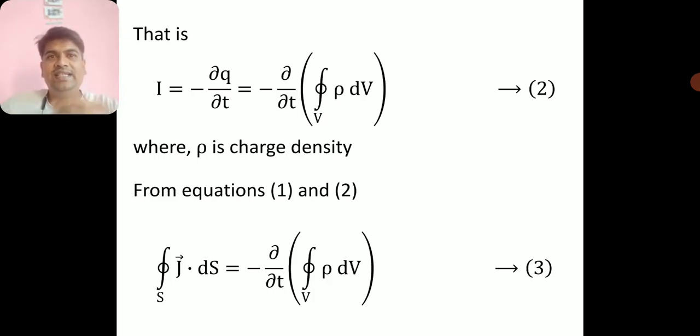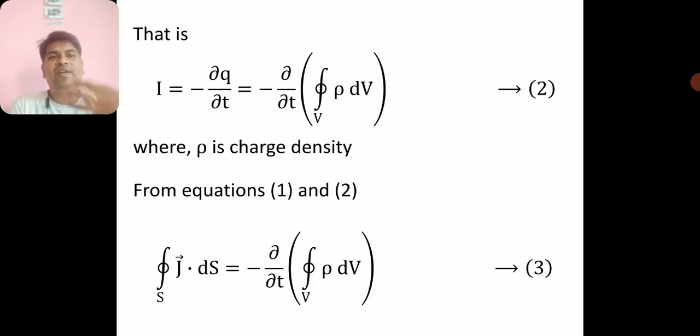If I integrate this small charge dq, I get the full charge q enclosed by the surface. So Q is equal to the volume integral of rho dV. I got equation 2.